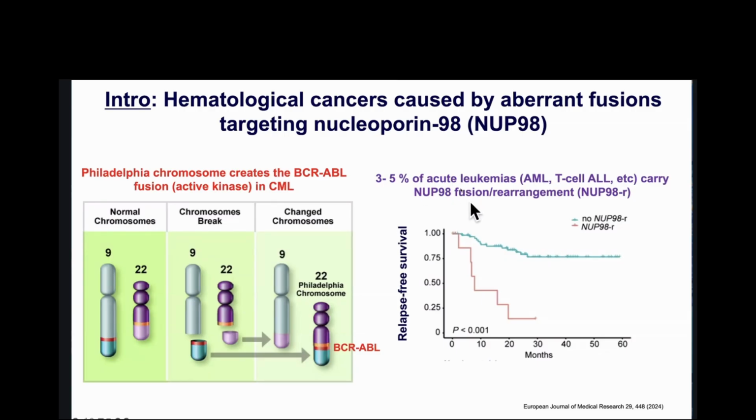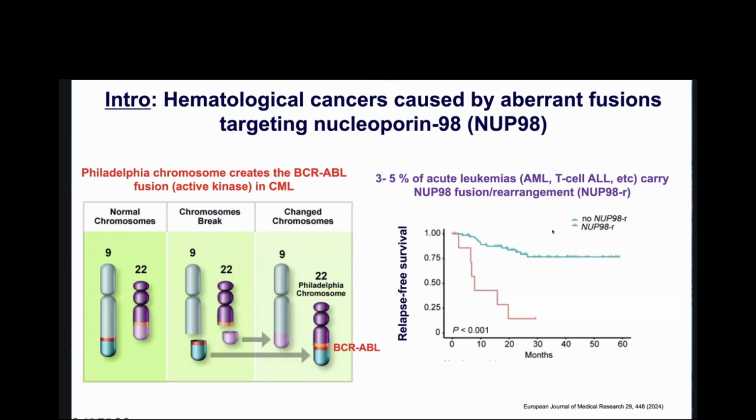We also know that about 3 to 5% of acute myeloid leukemia, including myeloid and T-cell acute lymphoblastic leukemia, are actually caused by fusions of NUP98, which I'm going to get into in a second.